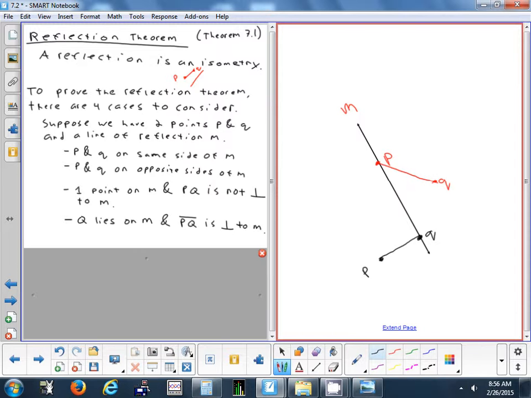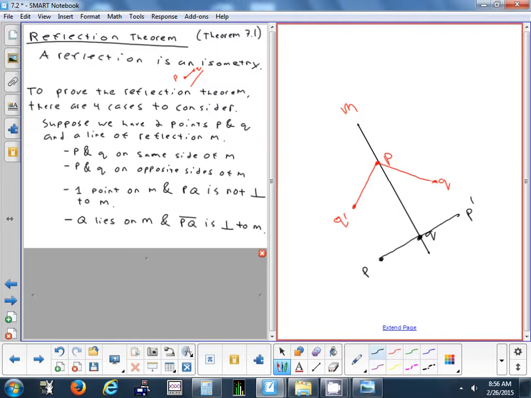When you reflect this one, it just ends up looking like that. It basically flips right over the line. It almost looks like it's just continuing. When you reflect this one in red, it's a little different. It would look more like this. So that's the 3rd and the 4th case.